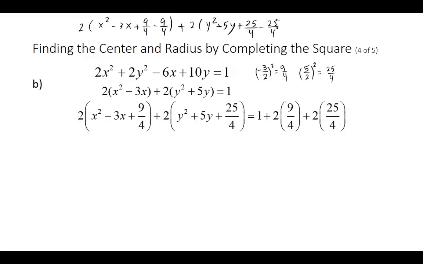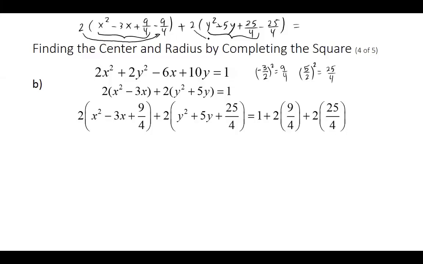I'm really adding 0 inside these parentheses. As you can see, I only need the one with the plus sign to complete the square. So I have to move that minus 9/4 and minus 25/4 outside the parentheses. And this 2 belongs to those terms also.